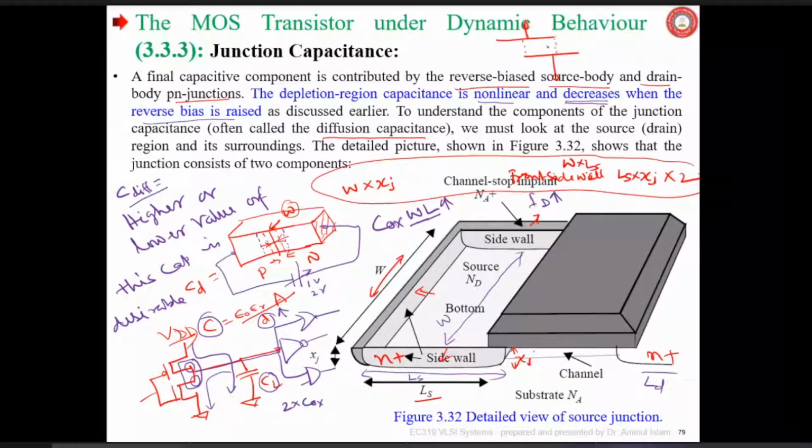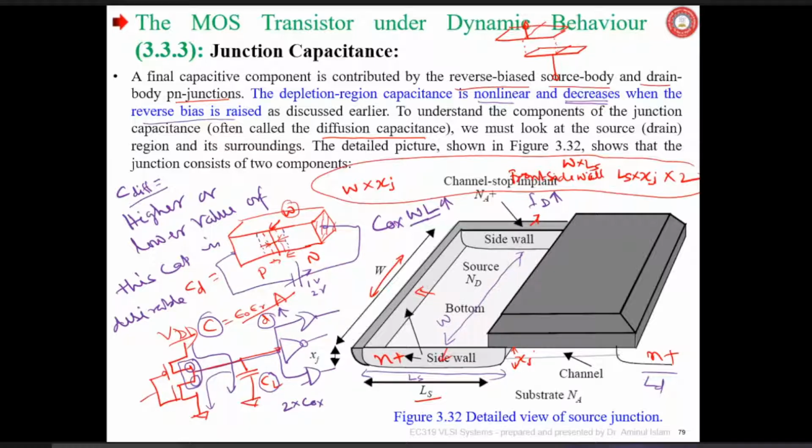If I draw it this way, this is the bottom plate and this is the top plate. The common area is going to give the capacitance, not the other portion. This you know or not?